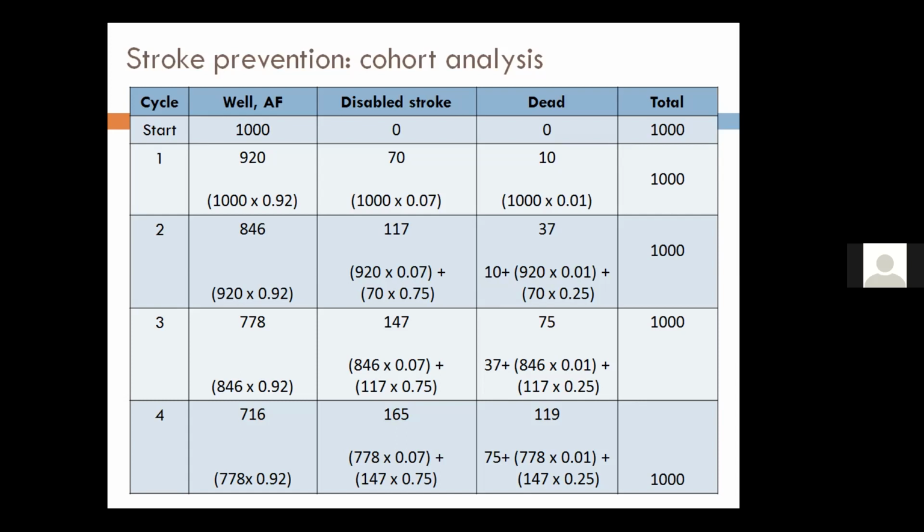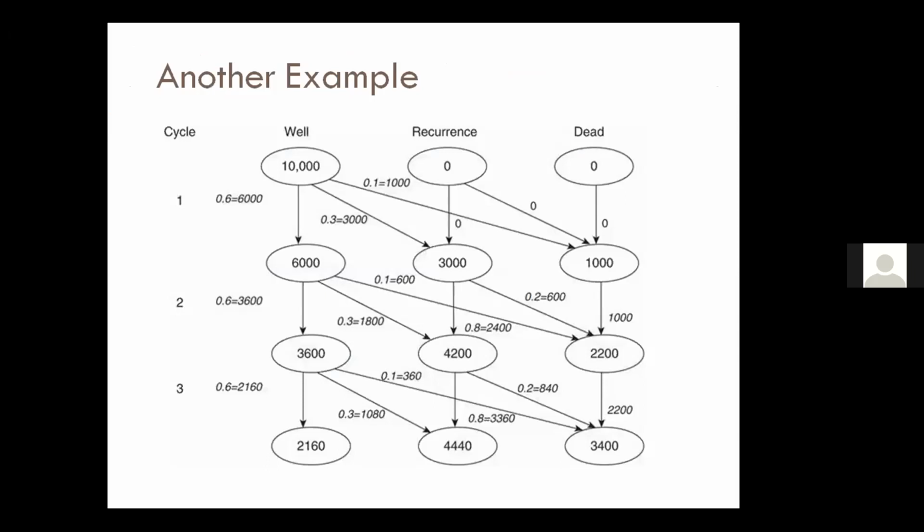Dead numbers should increase, disabled numbers should increase, but after some time dead will surpass disabled, and well will definitely decrease. So it will look like this, a complicated thing. I think this figure we have shown without numbers.